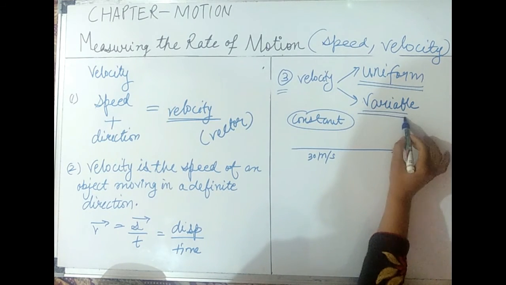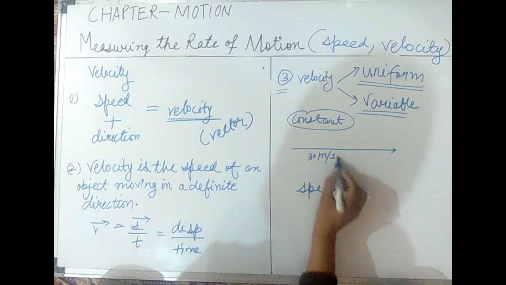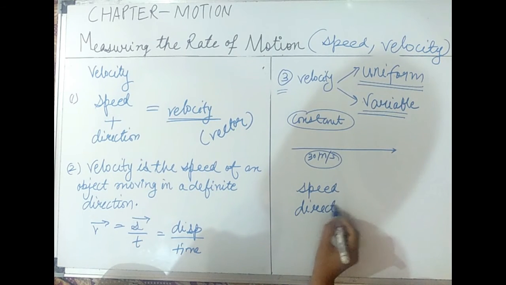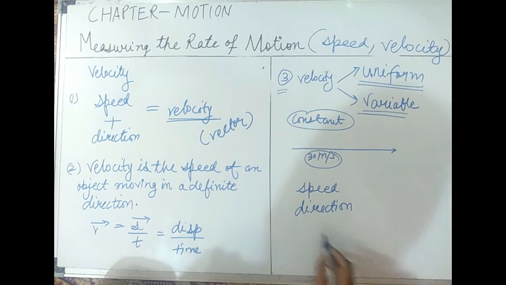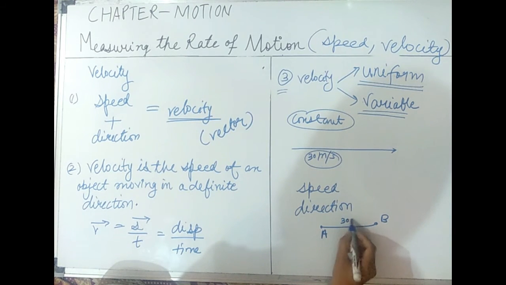And it can be variable also. Variable means either the speed is changing, or the direction is changing, or both are changing. How is this possible? Let's say this point is A and this point is B. Here the object is moving with 30 meter per second speed from A to B in this direction.